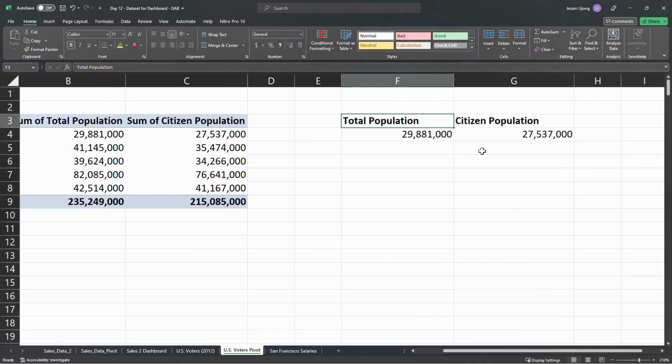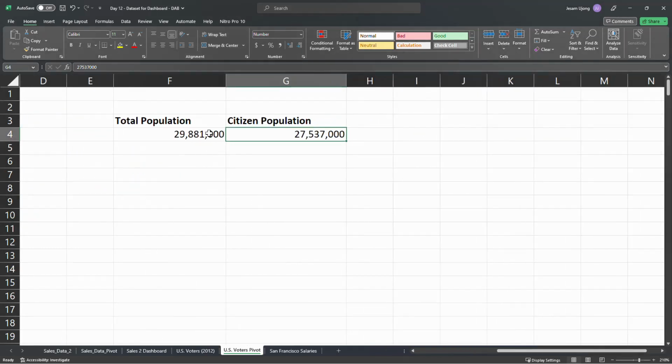We want to find what percentage of the total population is the citizen population. That means what percentage of citizens make up the total population. So this is simple arithmetic: the citizens divided by the total population, times 100, right?